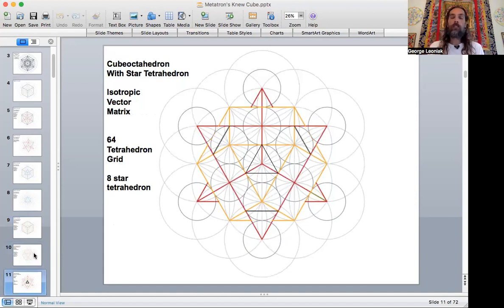So this is a 664 tetrahedron grid. And just picture 8 of these little star tetrahedra coming together in each of these quadrants: 1, 2, 3, 4, 5, 6, 7, 8 little ones coming together to create this crisscross network that would also give you the vertices of that Cuboctahedron.